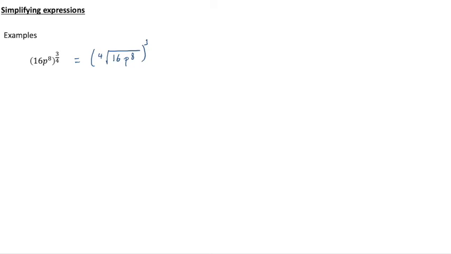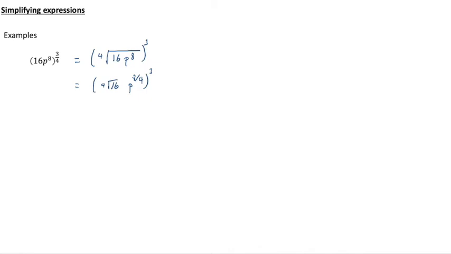So we now have the fourth root of 16p to the power of 8, and we know that from the previous, from the typed question. And then all of that is to the power of 3, or cubed.